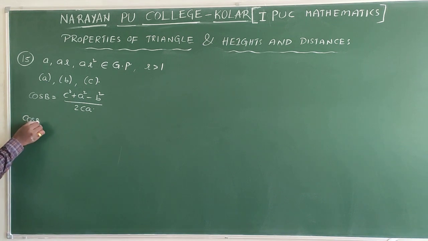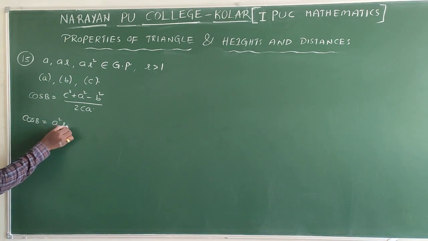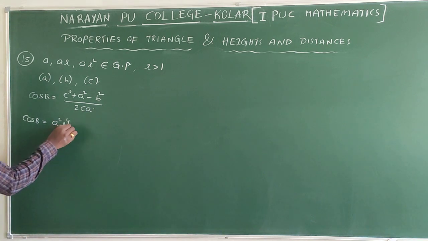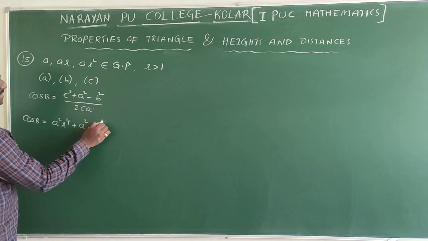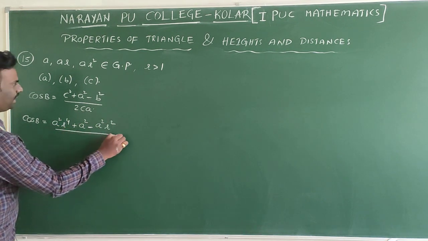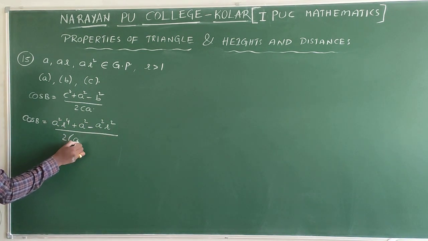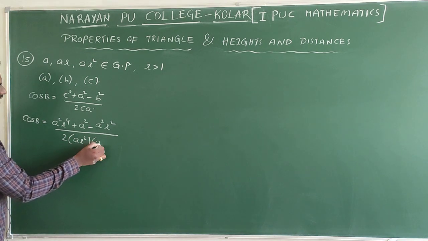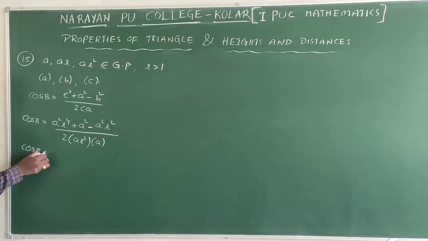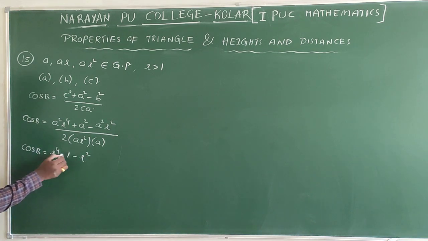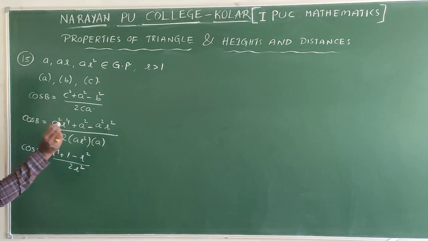Then cos B equals C square, which is A square R power 4, plus A square, minus B square, which is A square R square, by 2 into C value AR square into A. In the numerator I can take A square common, denominator also has A square, so A square gets cancelled. Now cos B is equal to R power 4 plus 1 minus R square by 2R square.